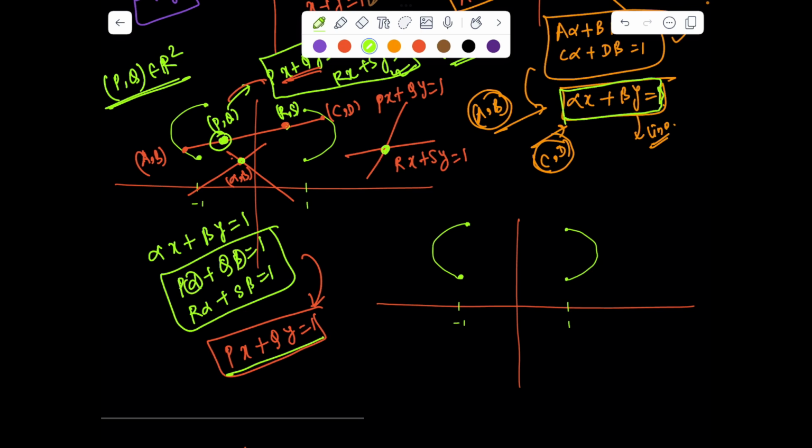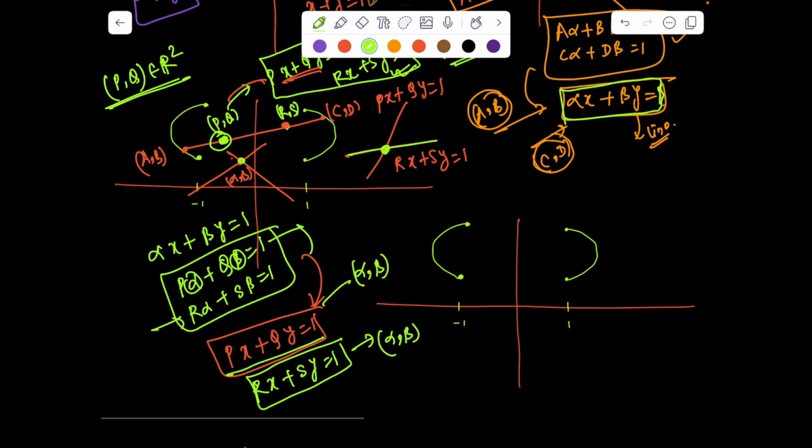Now Px + Qy = 1 has a point (alpha, beta) on it, because this equation is satisfied. So I can tell (alpha, beta) will satisfy this equation. Similarly, Rx + Sy = 1 will represent some arbitrary line over here, right? It also contains the point (alpha, beta), because from this relation I can tell (alpha, beta) is on this line.